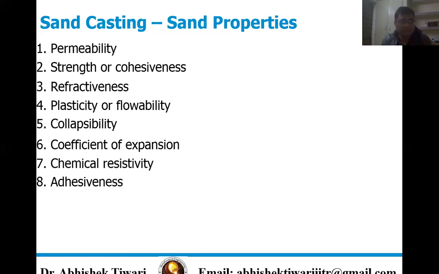It is the property of the sand mixture to adhere to another body. Sand should cling to the sides of molding boxes so that it does not fall out when flasks are lifted and turned over. It depends on the type and amount of binder used in the sand mixture.